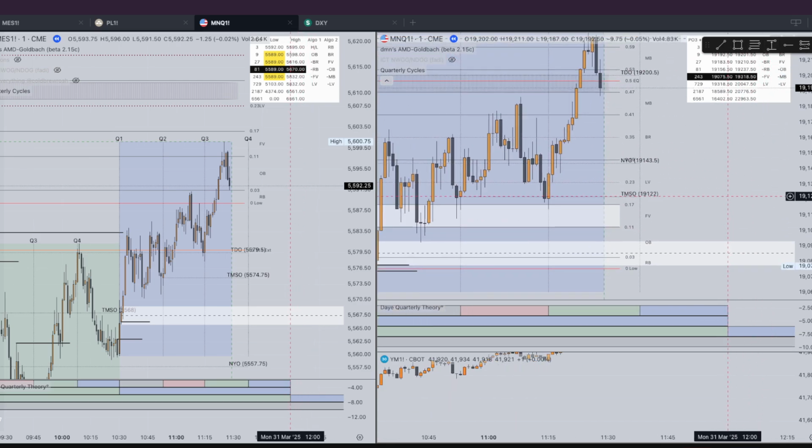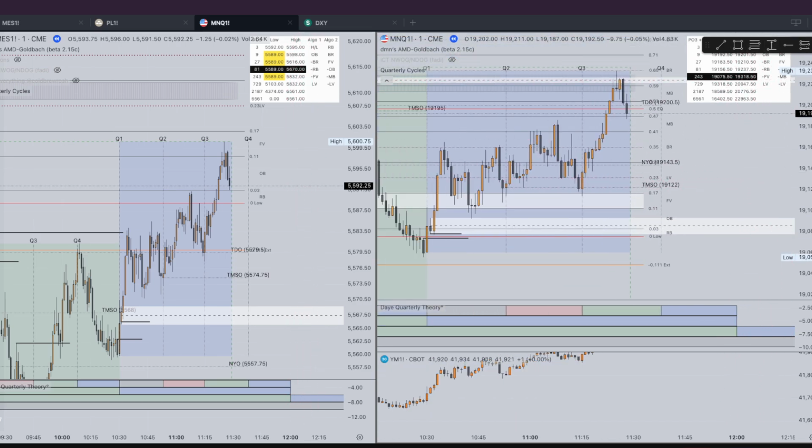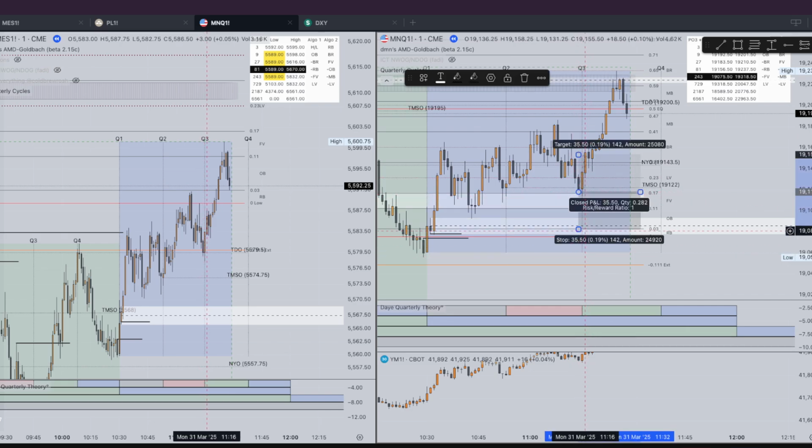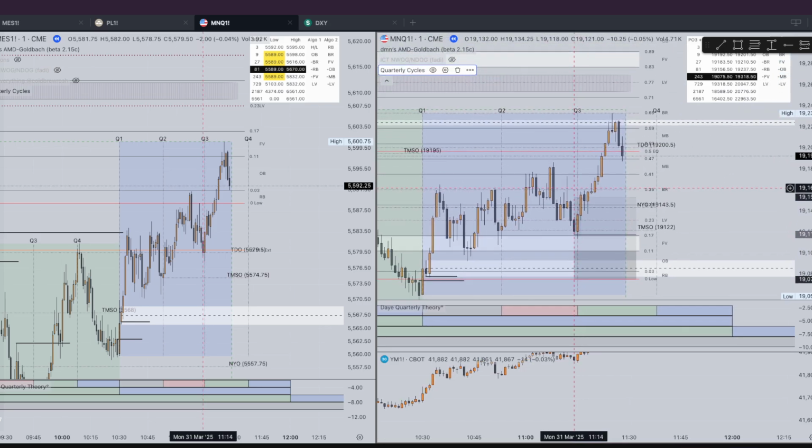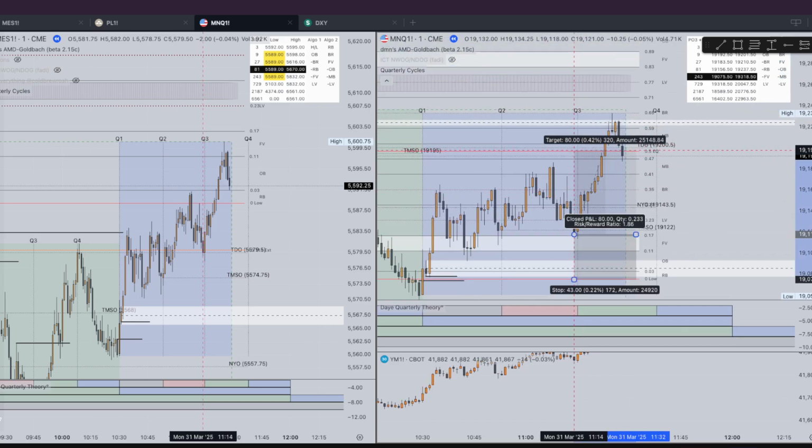Okay, this is what happens when everything is running perfectly fine: low to equilibrium, no retracement run, and this should be at the fair value area. So no retracement.